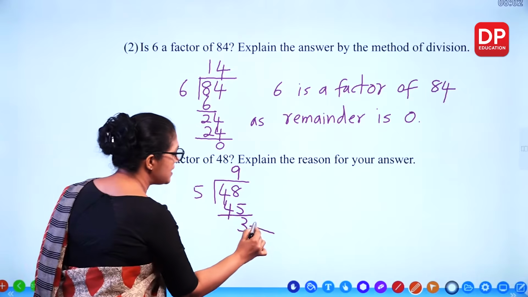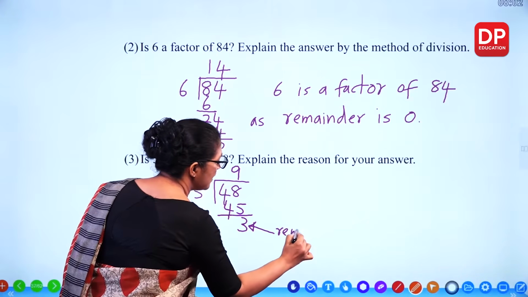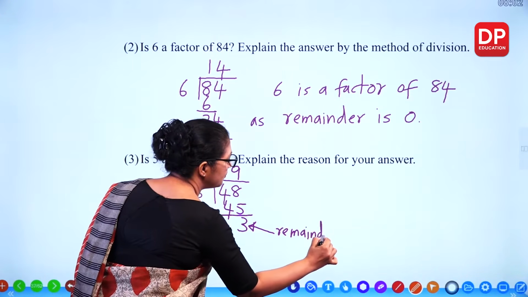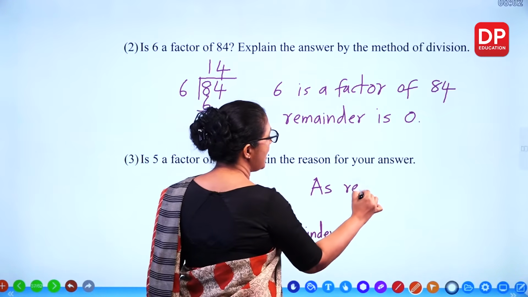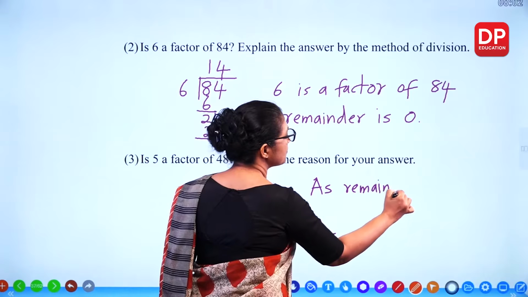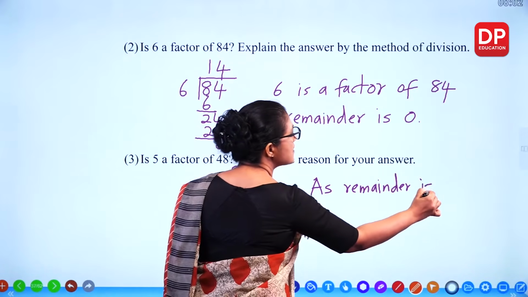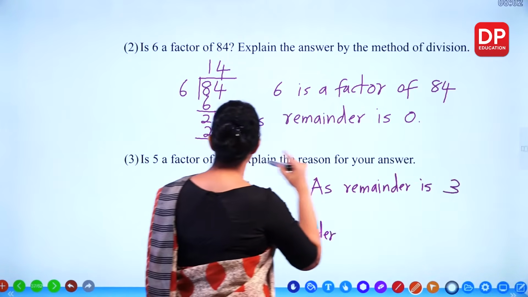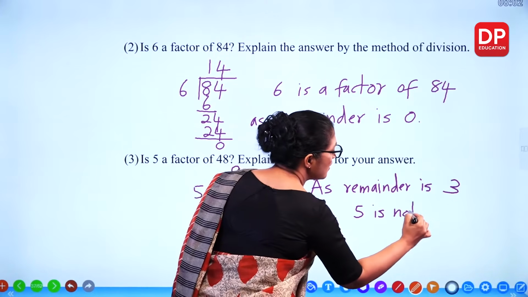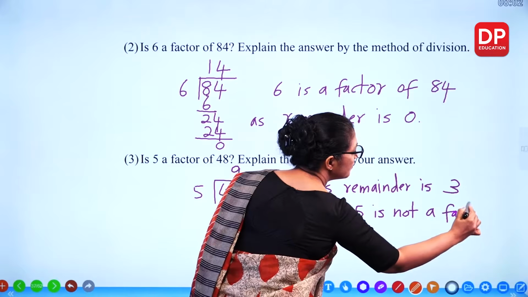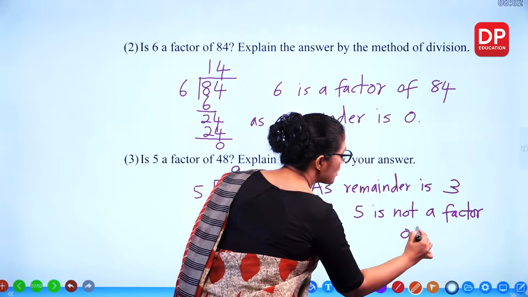So the remainder is 3. We can write as remainder is 3. 5 is not a factor of 48.